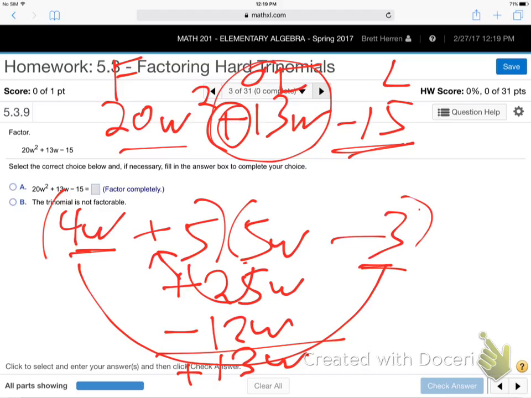Everybody see that? If you foiled that whole thing out, it would work. We basically did. We basically foiled without foiling. That's what this whole guessing thing is. The OI, we basically just foiled without really formally foiling. I basically just did front times front, and then front times back, and then I basically just did that backwards.